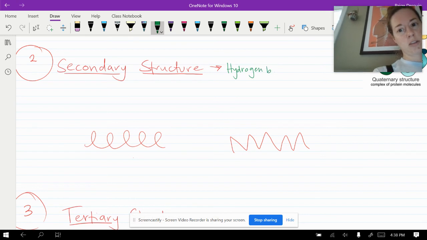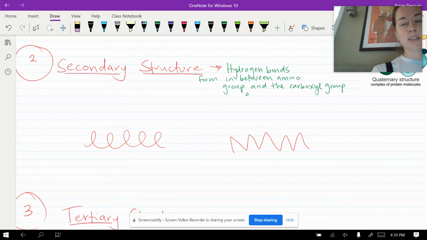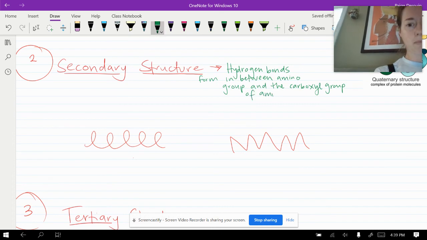So hydrogen bonds form in between the amino group and the carboxyl group of amino acids that are not directly next to each other. That are not, I'll say, adjacent.